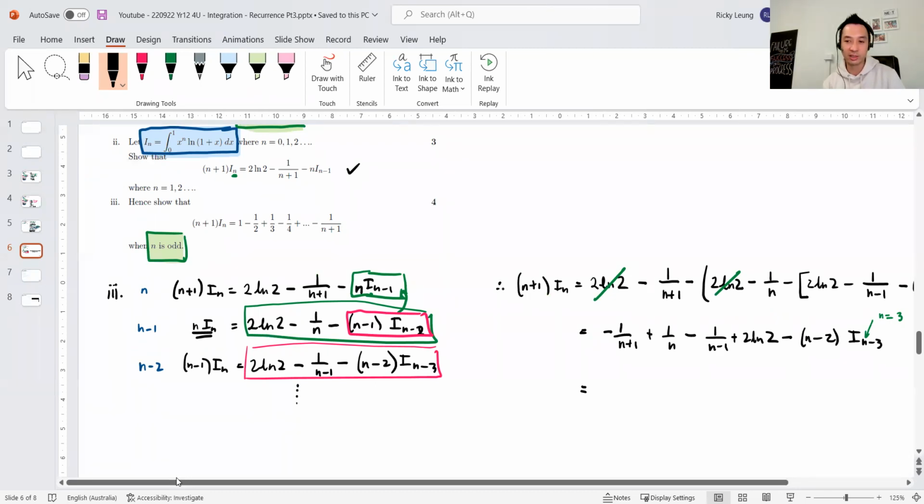But at the final state, how many terms am I going to get when n is odd? Let's see if it is three of them. If I already start with one there, I think I'm trying to work it out.